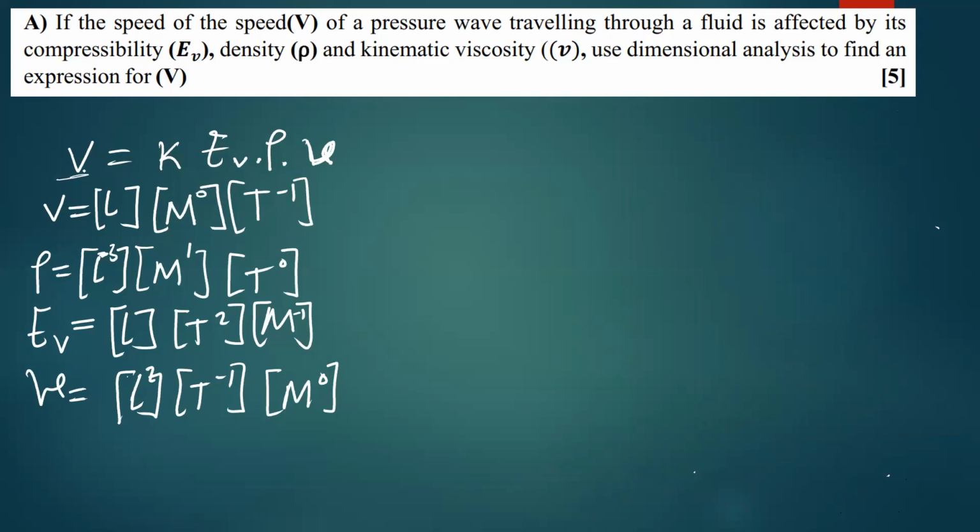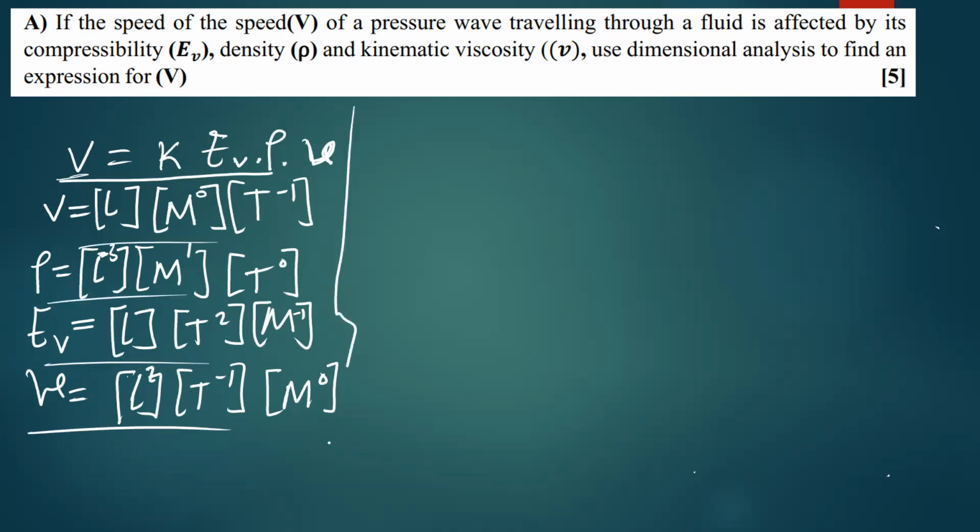So now I'm going to write this formula in terms of the dimensions that we have found. For the velocity, I'm going to write them there. So we have L, then we have M, then we have t to the power what?